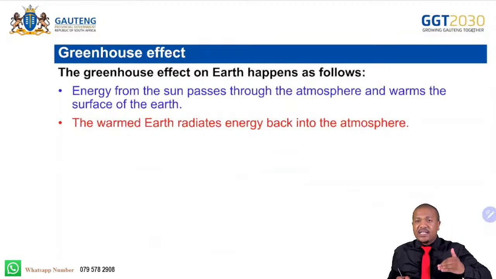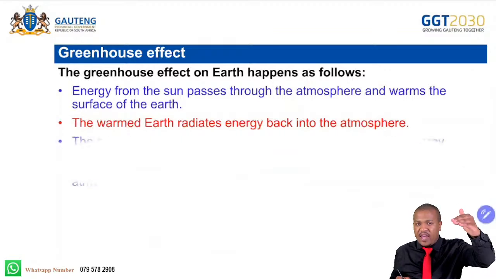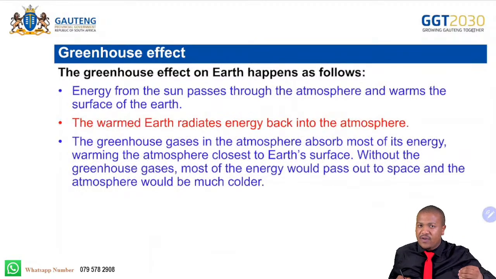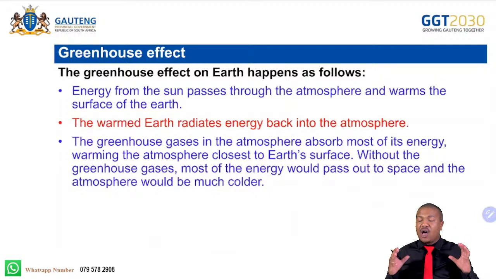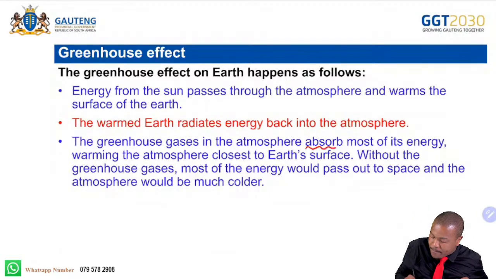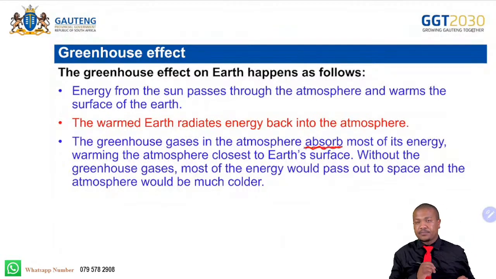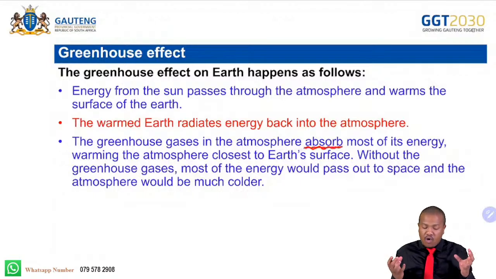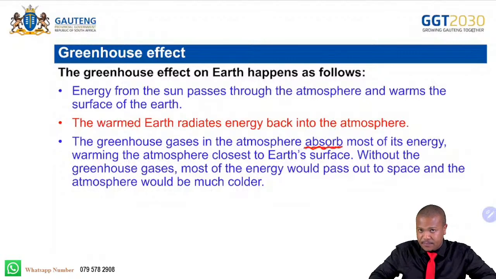As it radiates the energy back into the atmosphere, what do we have in the atmosphere? We have these greenhouse gases, right? These greenhouse gases absorb most of this energy, and also warm the atmosphere closest to the Earth's surface, right?